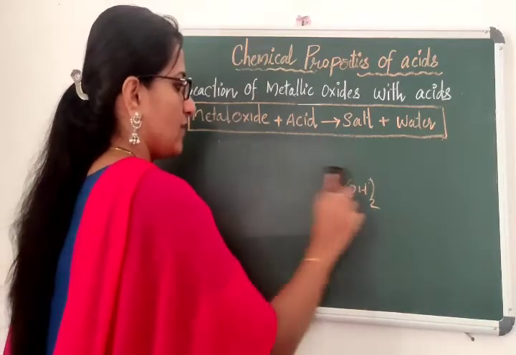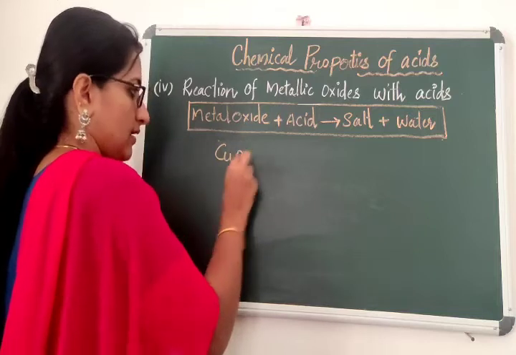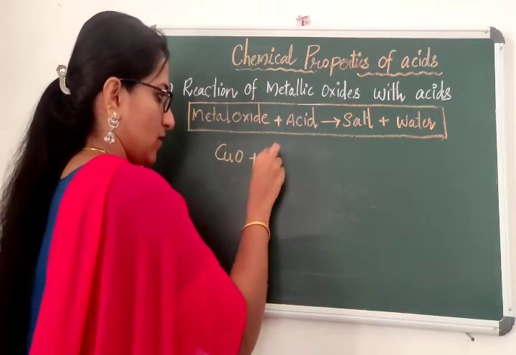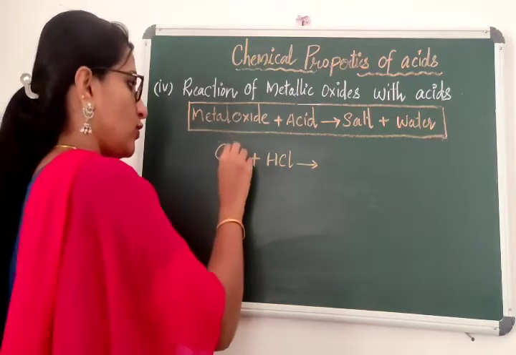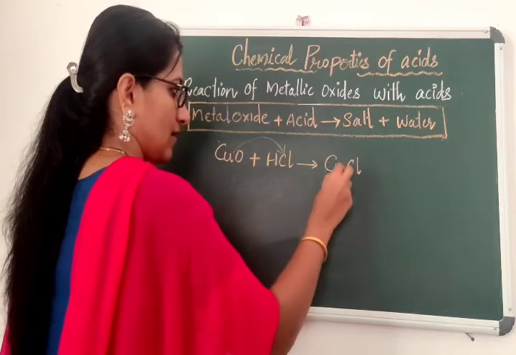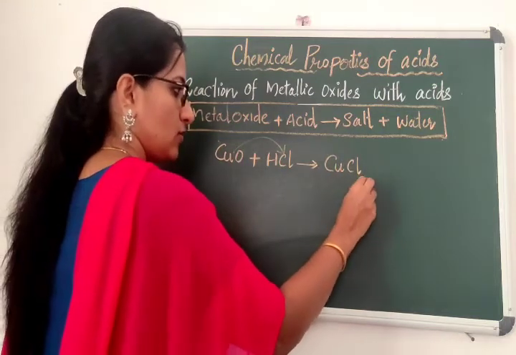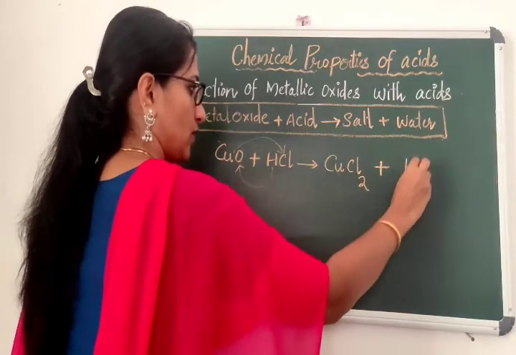Suppose I take a metal oxide, copper oxide, and make it react with dilute hydrochloric acid. So what is the product? You will get the corresponding salt, that is CuCl2, since copper valency is 2, plus water is produced.